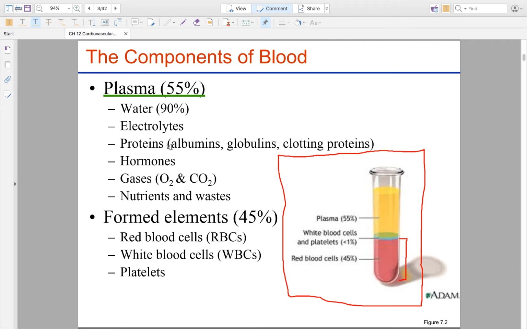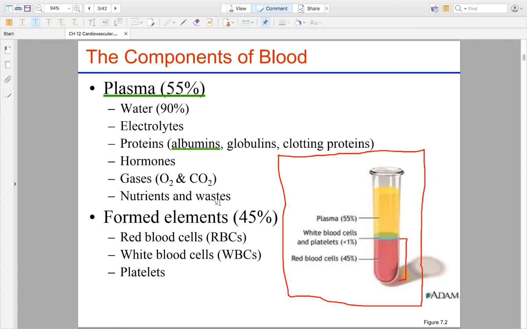You may remember albumin from lab. Hormones are found here. All of your hormones that get released into the blood are going to be found in the plasma because they're so small and lightweight. And then, of course, gases, oxygen and CO2, nutrients and waste.